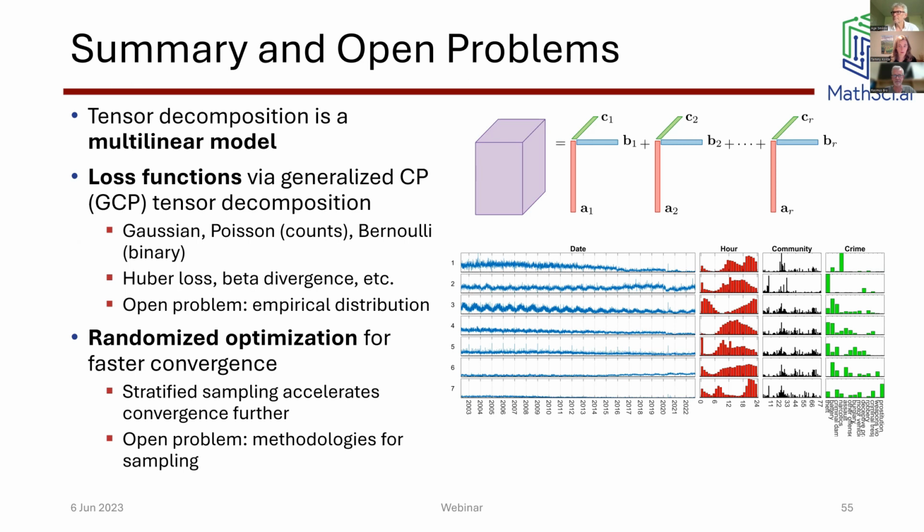Very nice. Any questions? I see Ahe has his hand up. Yeah, very nice, Tammy. We work now a lot on microbiome data, and that is either zero-inflated Poisson or zero-inflated negative binomial data. Do you think your methods can accommodate those kinds of distributions? They're not members of the exponential family.